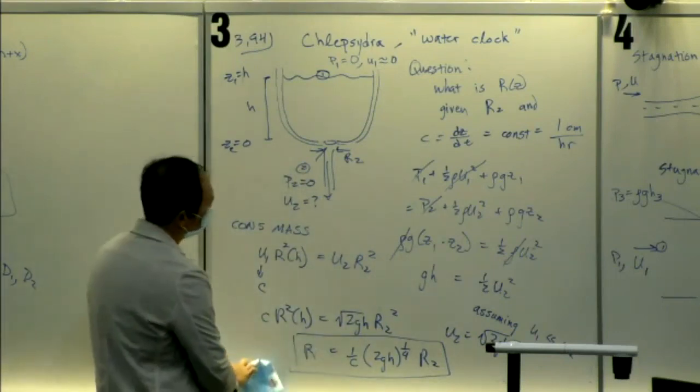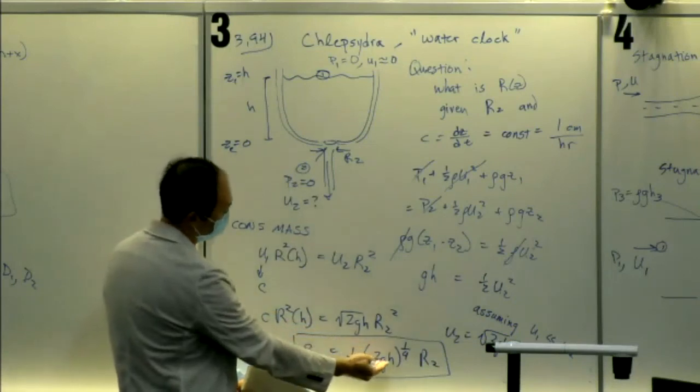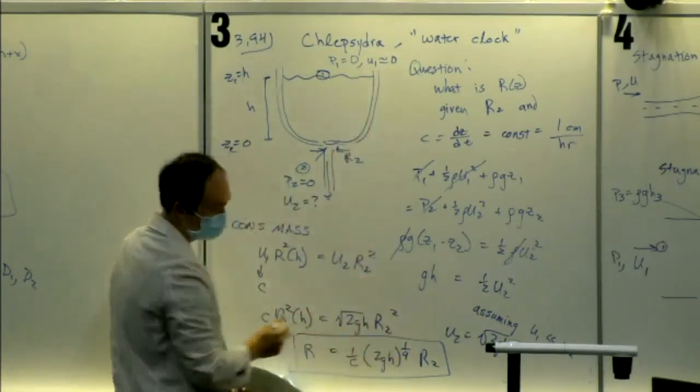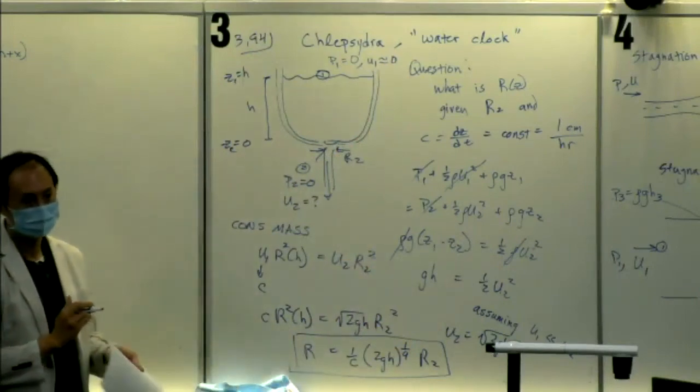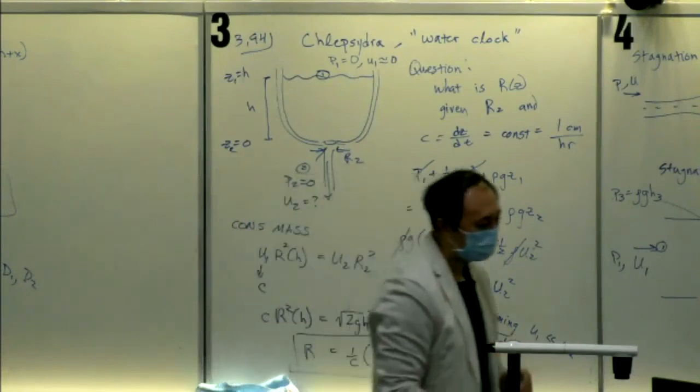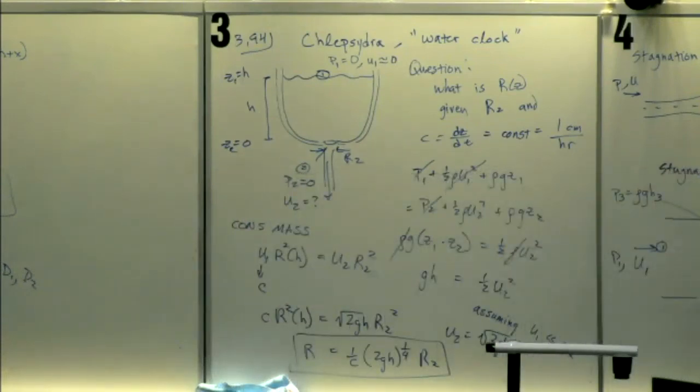In other words, it kind of looks like a parabola. For a small h, R is constantly increasing, but it increases really slowly with height. So it's a little bit of a trick because you have to assume that U1 is small for one of them, and the other one you can't ignore it because you definitely need it for conservation.